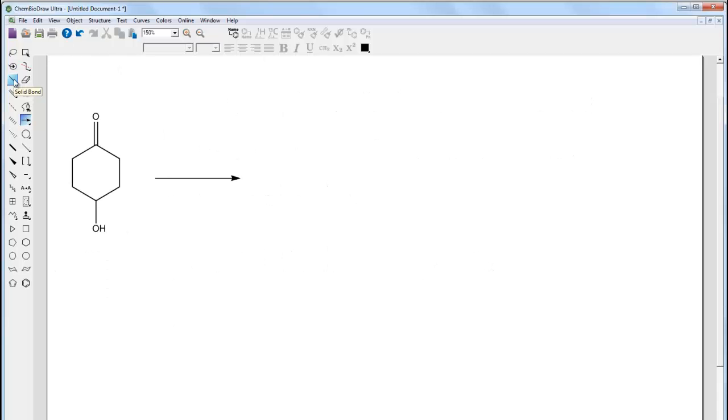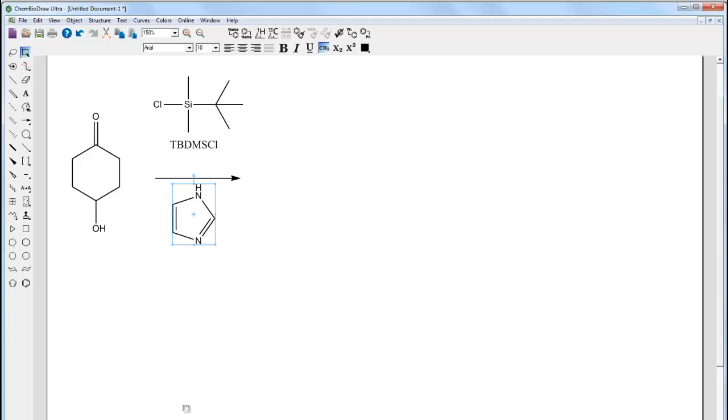So again, we'll start with a molecule that has a ketone and an alcohol in it at the same time. Before we can react our ketone with our organometallic compound to add an alkyl group to the molecule, we need to hide or protect this alcohol.